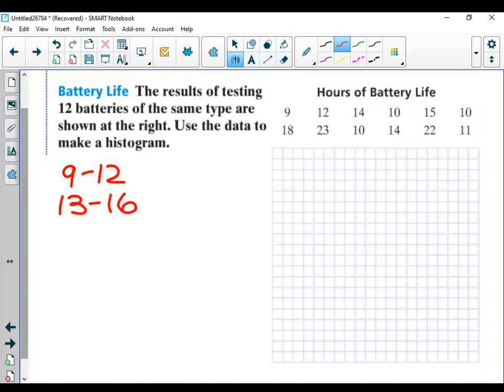Who's right, Bryn or Ellie? Both. So it kind of depends on how you want to make your interval. Someone else might do 9 and 10, 11 and 12, 13 and 14, 2 in each group. So that part's a little tricky because there's more than one right way to do it. If you didn't think of your own way, is it okay to use Ellie's idea? Sure.